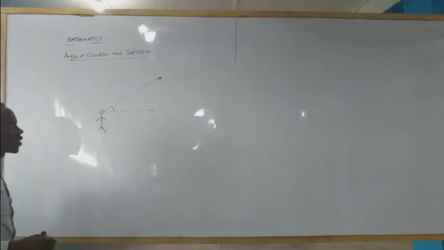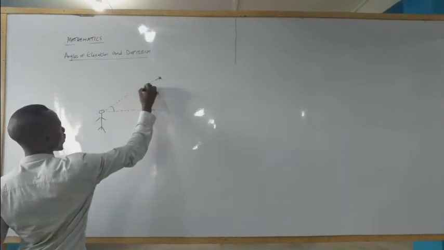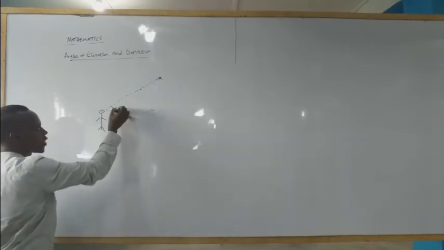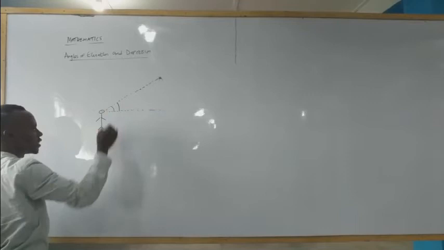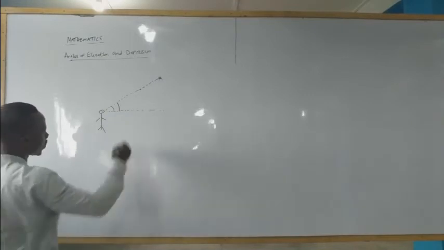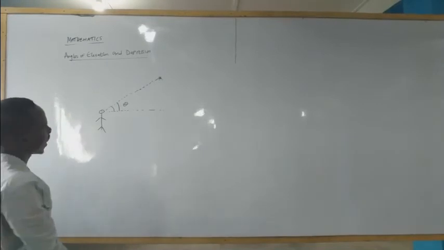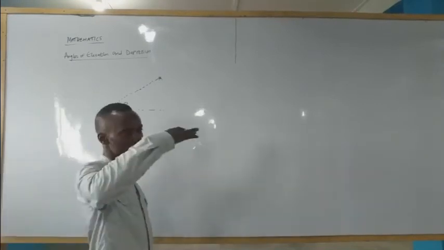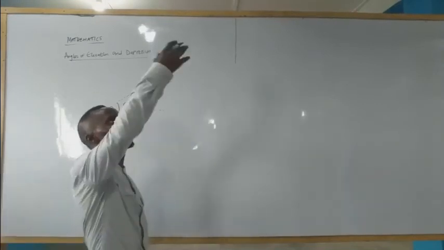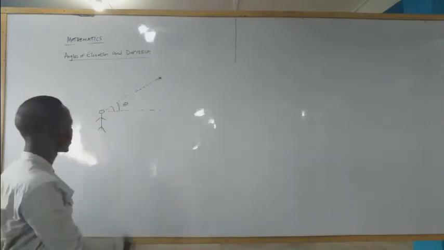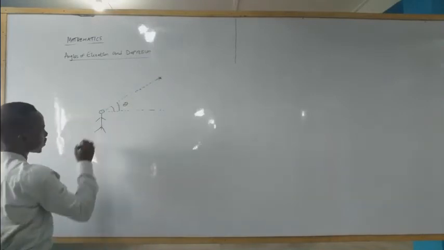The angle between the eye level and the position of the eye is the angle of elevation. Let us call this theta. That's the angle of elevation.